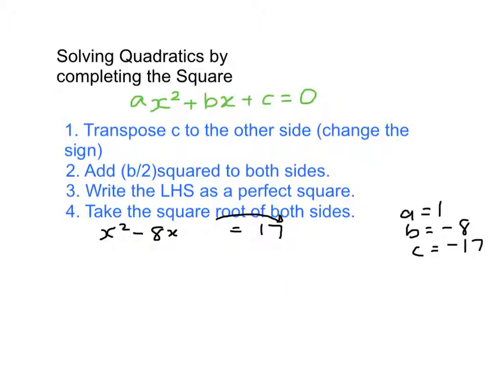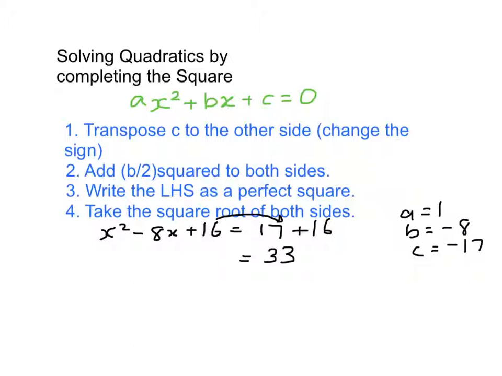So in its place, I'm going to divide my negative 8 in half, so I've got negative 4, and I'm going to square it to get 16. So I'm going to add 16 to both sides to keep it balanced. So I have x squared minus 8x plus 16 equals 33.